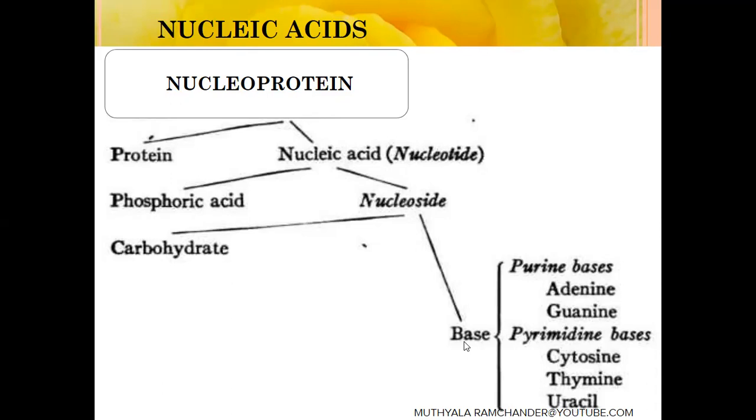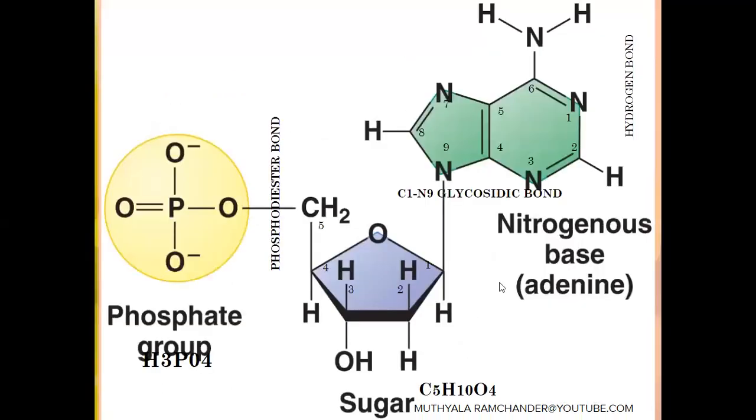Let's discuss the deep explanation of nucleic acids or nucleotides. It is the complete picture of nucleotides. Mainly, nucleotides are a composition of phosphoric acid, sugar substance and nitrogenous bases.